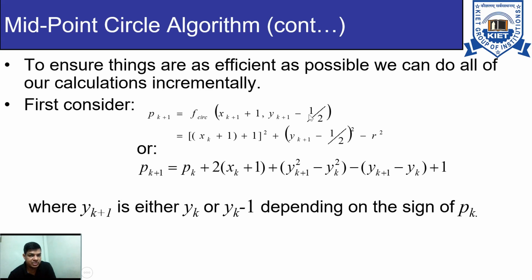Again we are substituting these values in the function, then we will get pk plus 1 is equal to pk plus twice of xk plus 1 plus yk plus 1 square minus yk square minus yk plus 1 minus yk plus 1. All these things we have already seen in the Bresenham's line drawing algorithm. The concept is very similar.